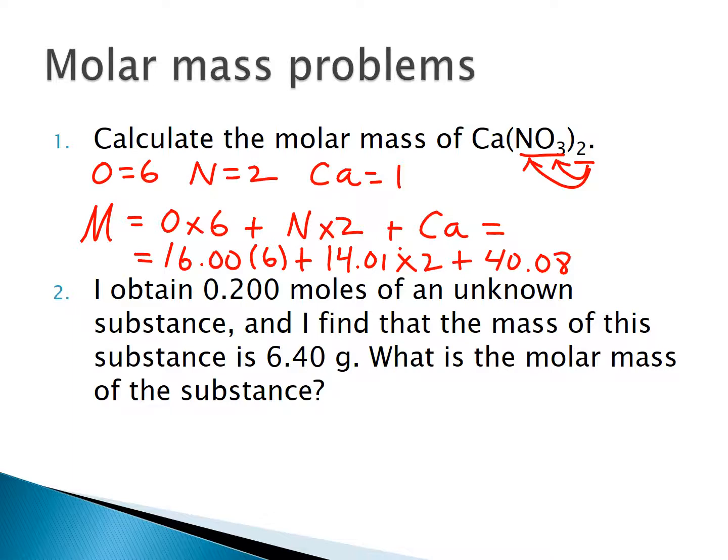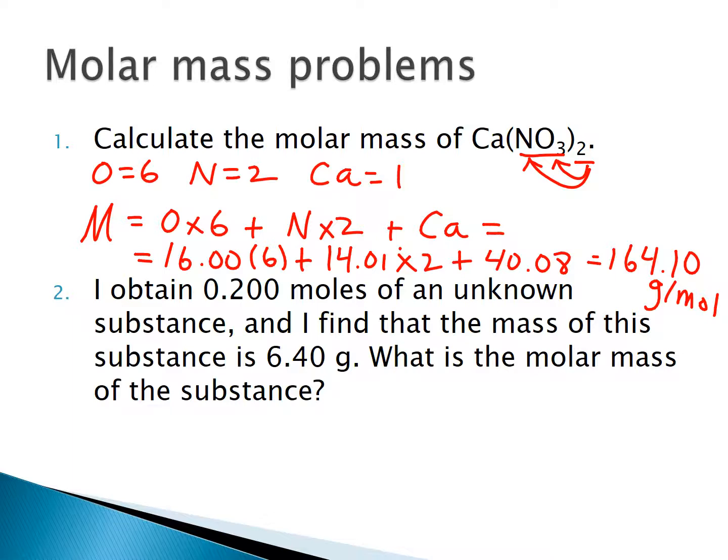So when I put that into my calculator, 16 times 6 plus 14.01 times 2 plus 40.08, I get a molar mass of 164.10. I'm going to put the unit over here so we can see it, grams per mole. Now when you put that into your calculator, you're going to get 164.1. So I will add a 0 because we're going to always report our molar masses to 2 decimal places.